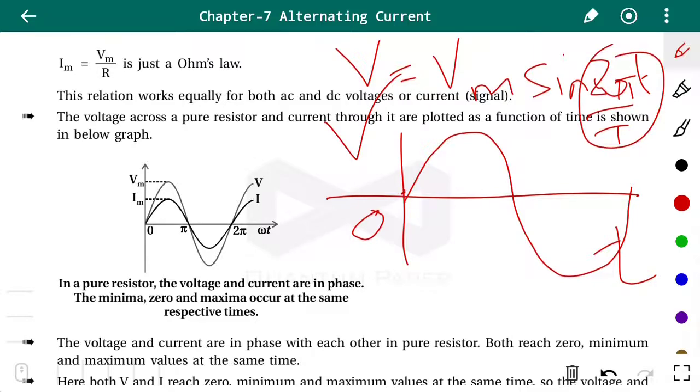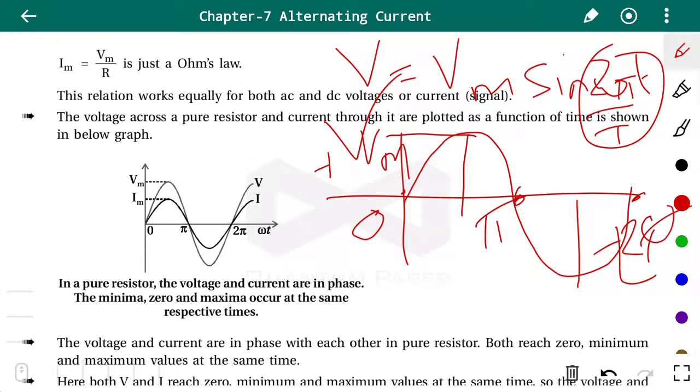For sine pi, again its value is 0. At sine 2 pi, again its value is 0. For pi by 2 it will be maximum, and at 3 pi by 2 also it will be maximum. So this is considered as Vm in the positive direction, and this will be minus Vm, that is maximum voltage in the negative direction. So this is the graph of voltage with respect to time.